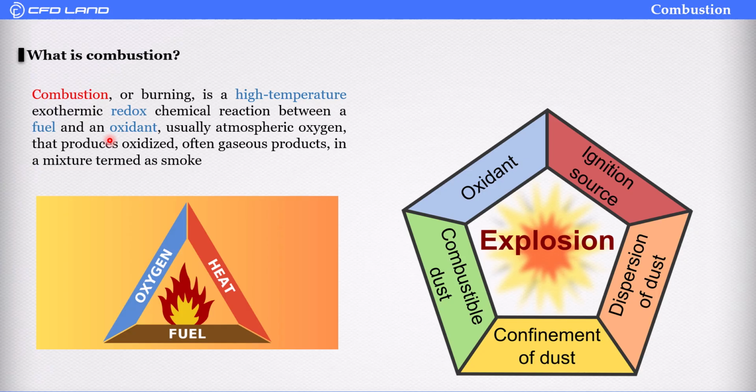Combustion is a high temperature exothermic redox chemical reaction between a fuel and an oxidant, usually atmospheric oxygen, that produces oxidized, often gaseous products in a mixture termed as smoke.